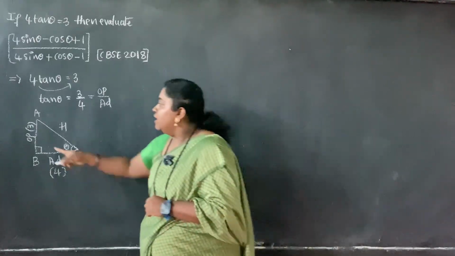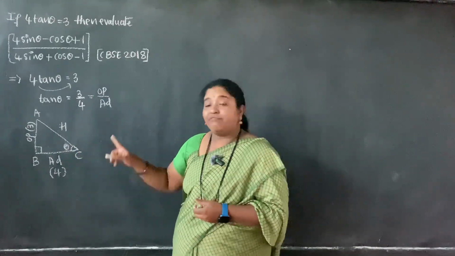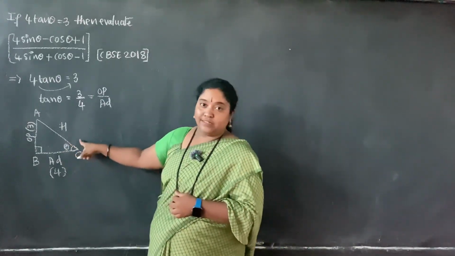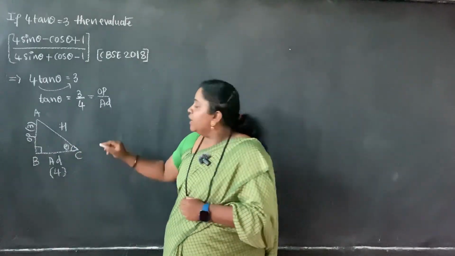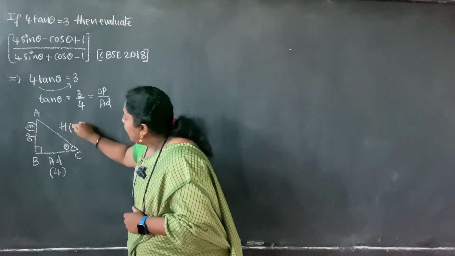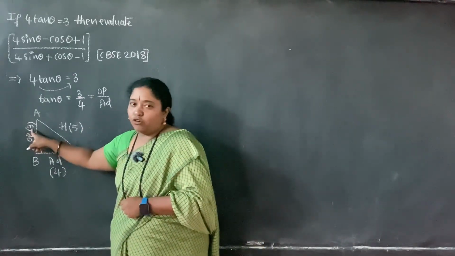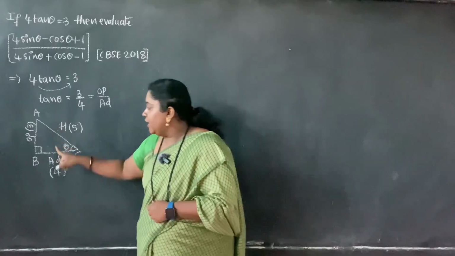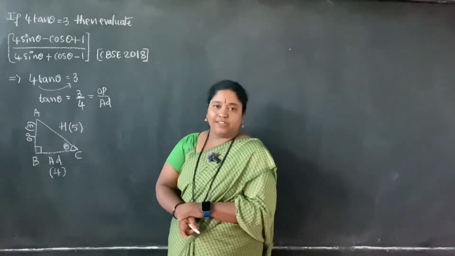Like that, 3, 4 and 5 is also a Pythagorean triplet, where 5 has to be the hypotenuse. Bigger number has to be the hypotenuse value. By the Pythagorean triplet, I directly write here, I am not using the Pythagoras theorem: 3 and 4 are provided and 5 is the hypotenuse.